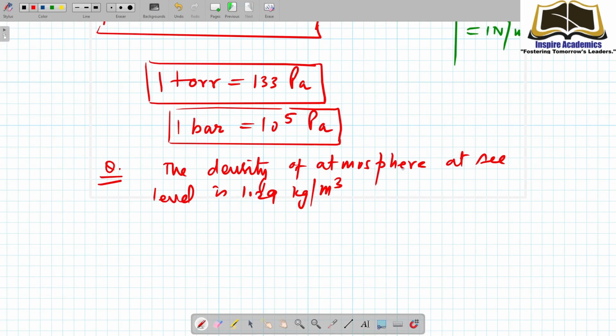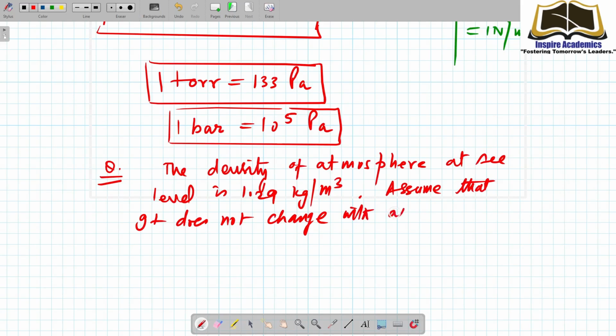Assume that it does not change with altitude.